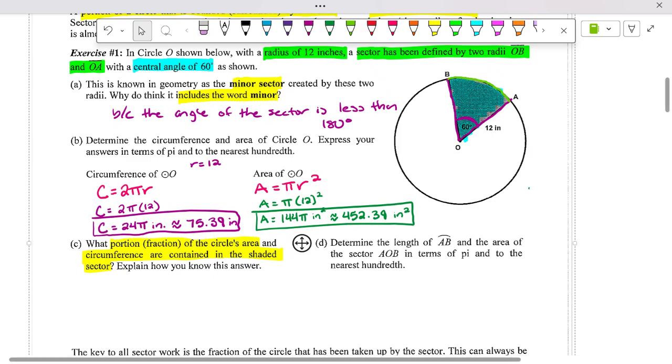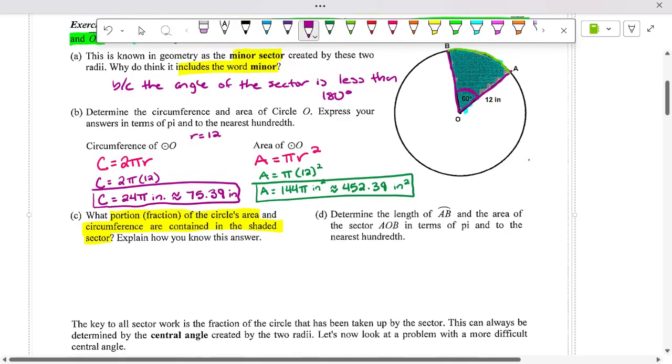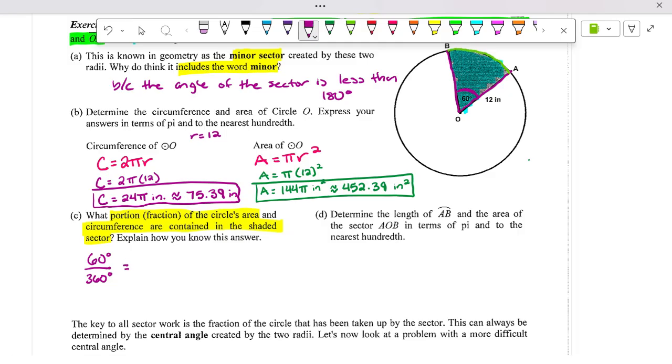We want to know how much of the pizza we were given. So we're going to take 60 degrees and divide it by 360 degrees. So what would that fraction be? Remember how I taught you how to simplify fractions yesterday in your calculator? Put it in your calculator, hit math, enter. 1/6.